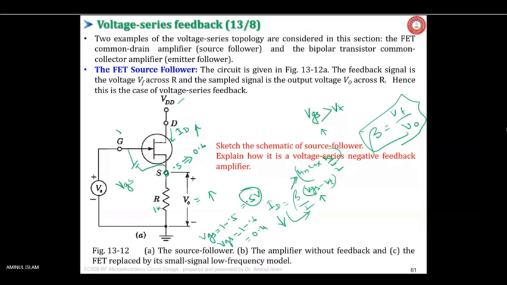Is it not acting as a negative feedback? Yes, sir, it is. And the voltage developed at the source node is connected in series with the VS or not? So it is voltage series negative feedback. Is it not a voltage series negative feedback amplifier? Yes or no? First you tell. Yes, sir, it is. So by seeing the circuit, you must be able to say.